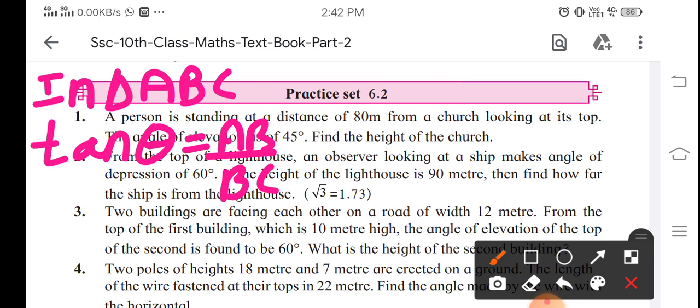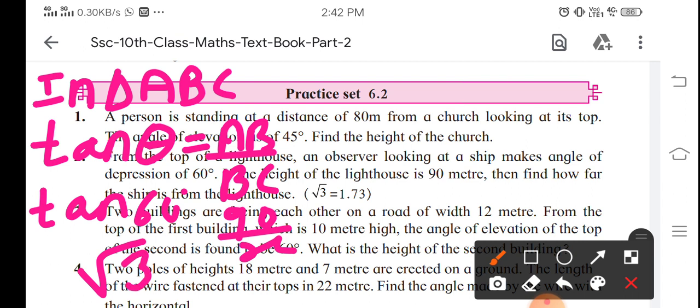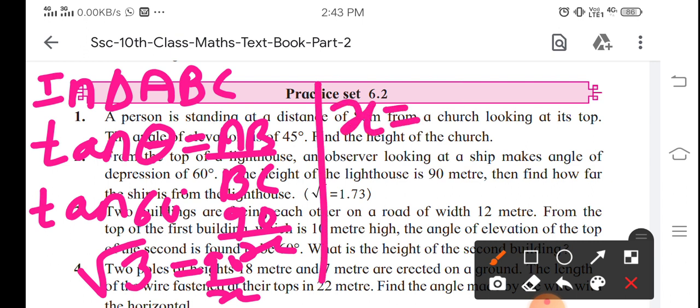So instead of tan theta, we can write tan 60. AB is 90, they have given, and BC we have to find, so we write x. The value of tan 60 is root 3. So root 3 is equal to 90 upon x. Now x is equal to 90 upon root 3.